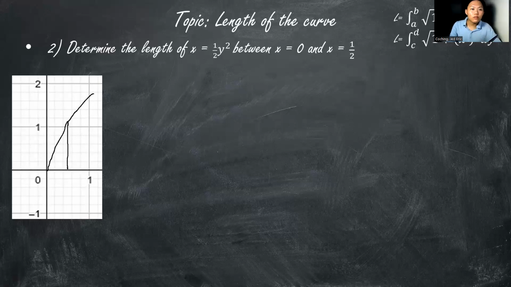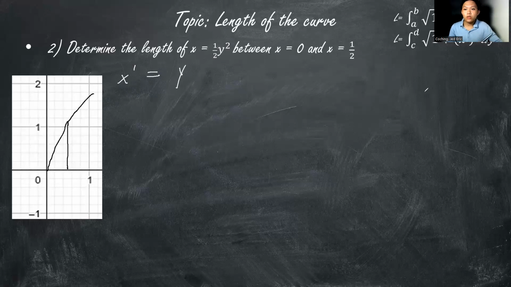Okay, let's find the derivative of x, as this is going to be 1/2 times 2y, so this is going to become just y.